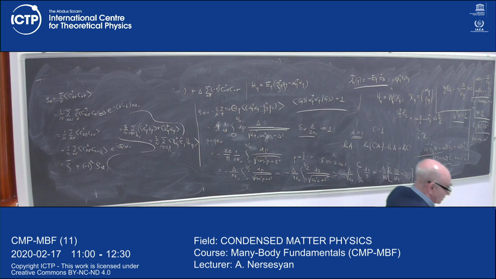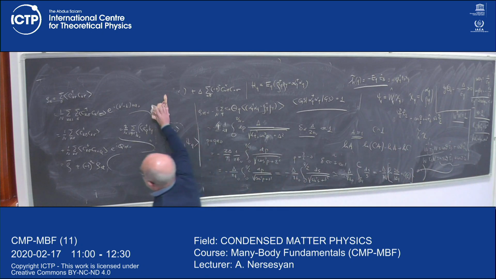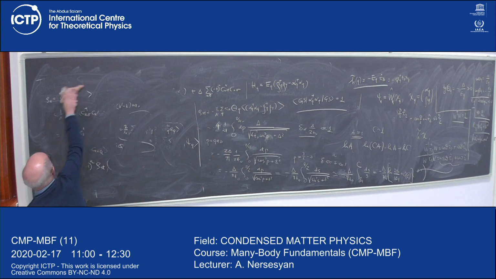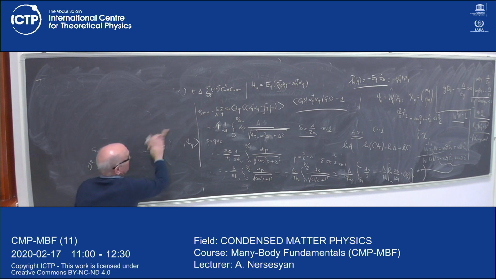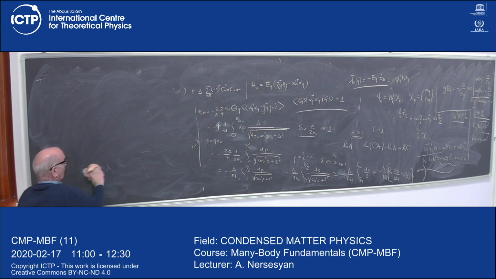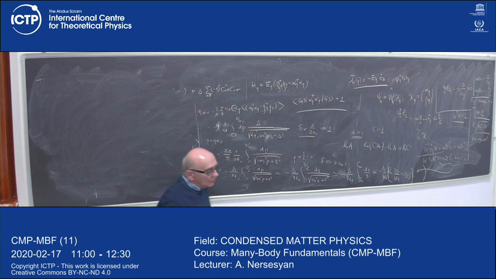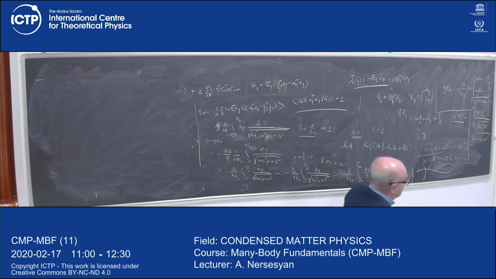You may find this calculation in my lecture notes, or you can do it by yourself, but you may ask yourself the following important question. Delta is a control parameter. I may switch it on, and then I will have an insulator. I can switch it off, and then we'll have a metal.